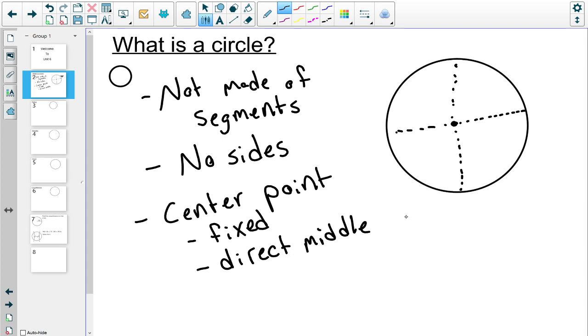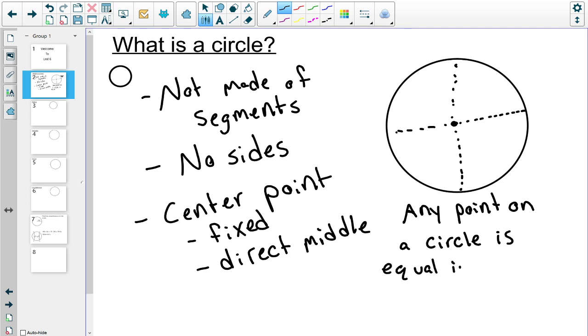So let's write that out. Any point on a circle is equal in distance from the center point.